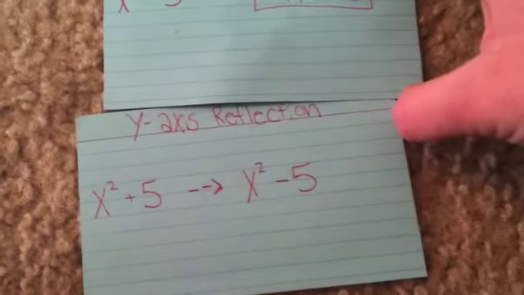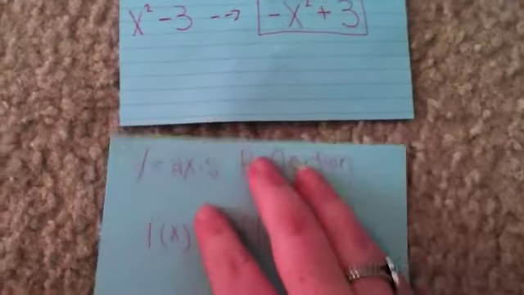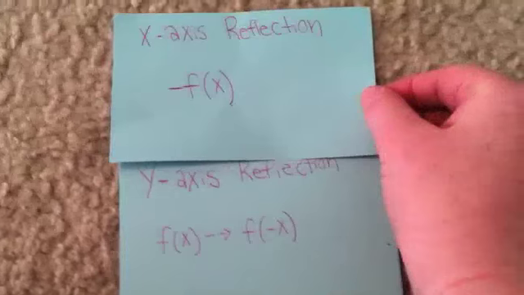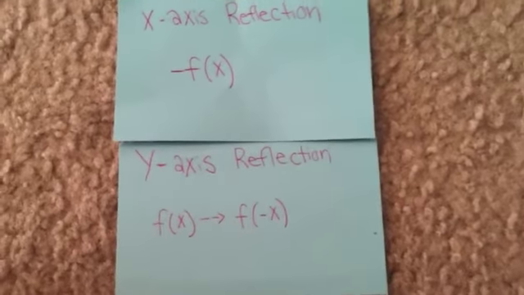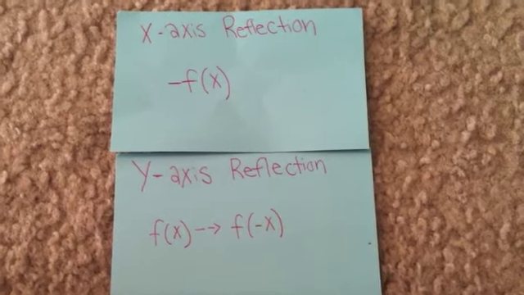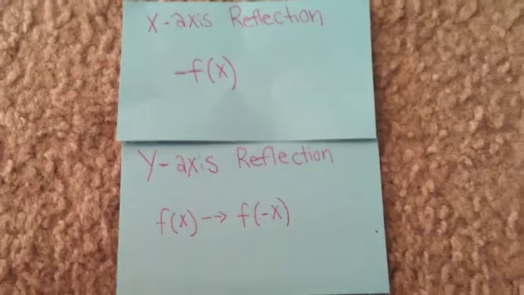Now, a simple mnemonic I use to remember that there are 2 negatives in the x-axis reflection and just 1 negative in the y-axis reflection is pretty lame, but I'll tell you anyways. The x-axis is straight and kind of wide because it goes a long way.